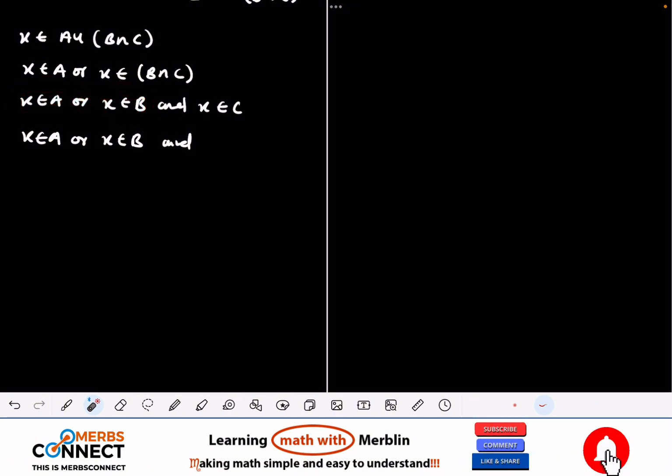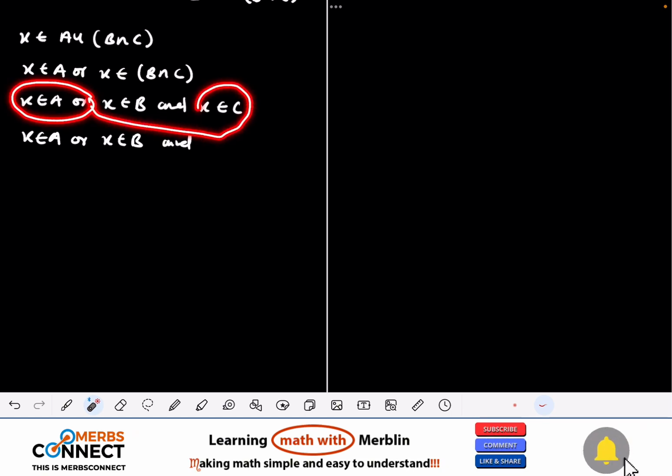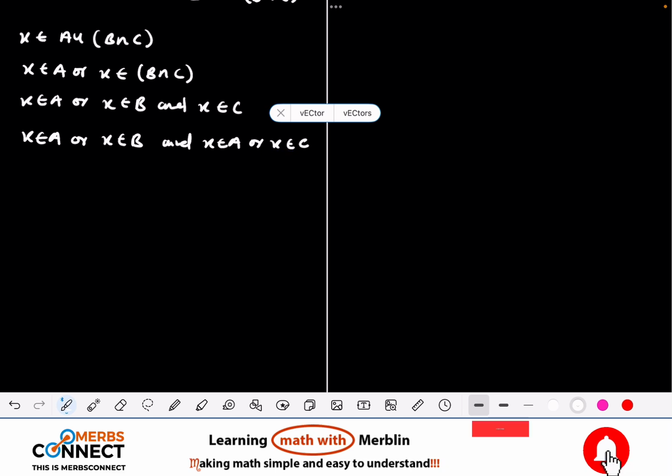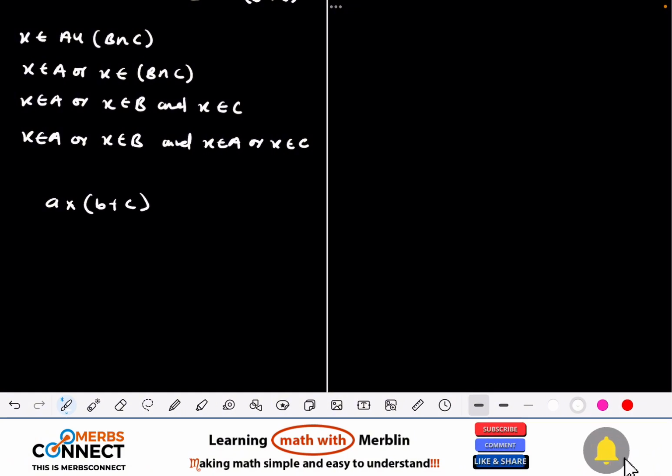Then I repeat this with this, so I'm going to have x belongs to A, or x belongs to C. It's like having something like A times (B plus C), so we are going to have A times B plus A times C. I pick this one to multiply this here, plus I pick this one to multiply this. So that's what we are doing.